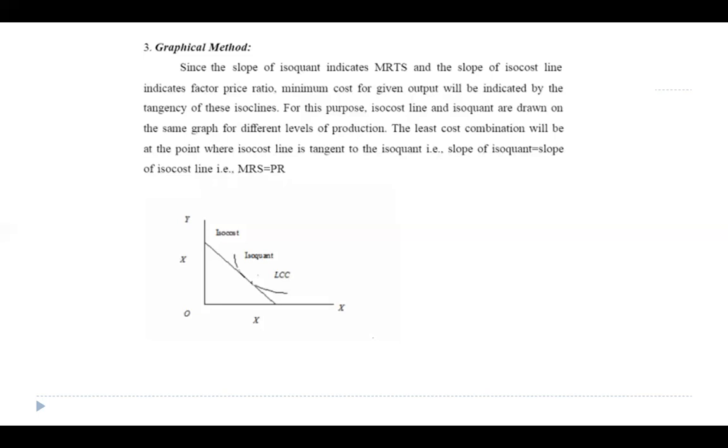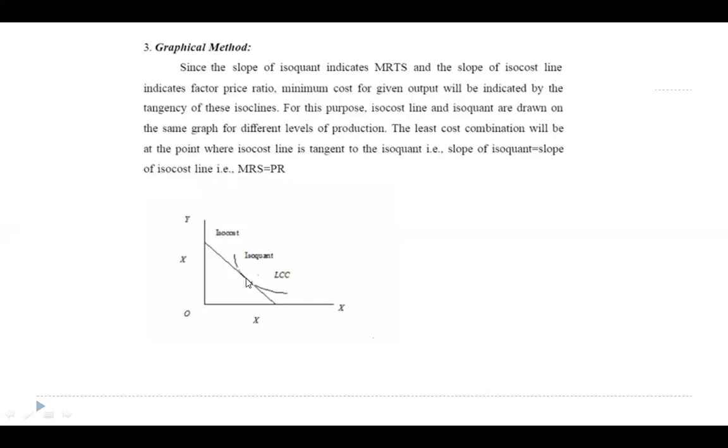The least cost combination will be the point where the isocost line is tangent to the isoquant, and the slope of the isoquant is exactly equal to the slope of the isocost line. That is, MRS is exactly equal to the price ratio.